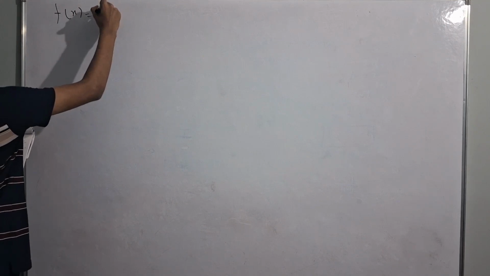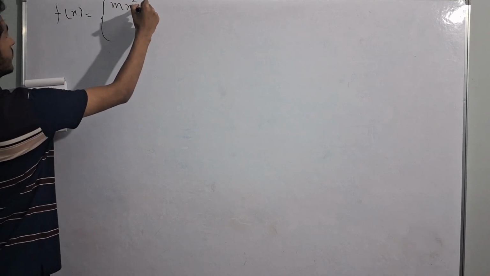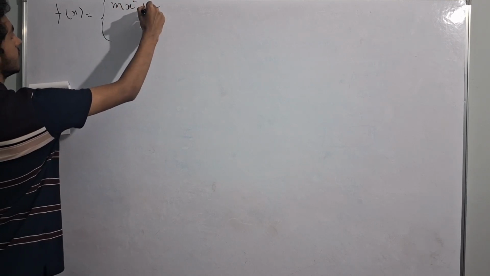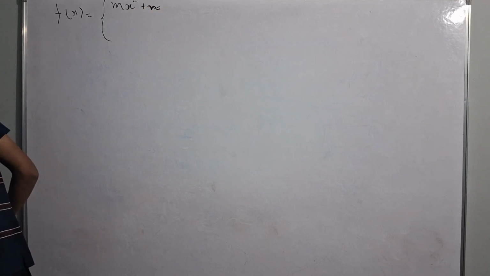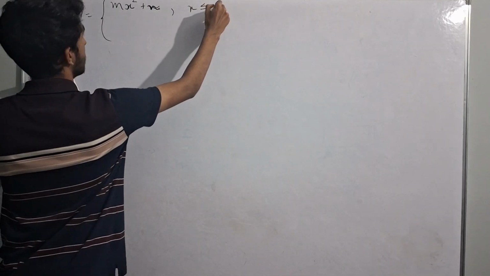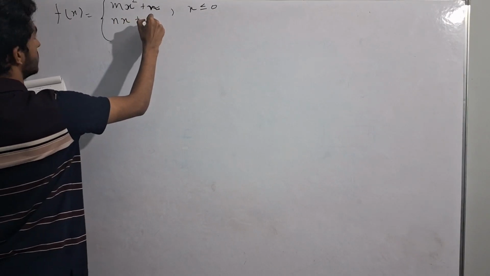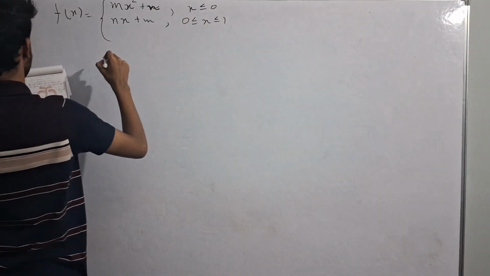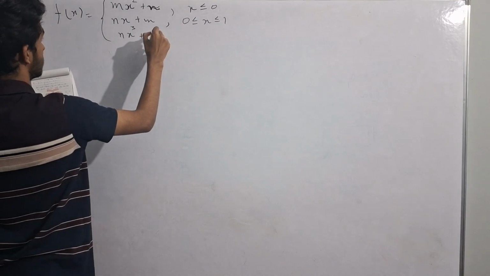So we have 3 equations this time. This is x, this is n. Nx plus m and nx cube plus m.